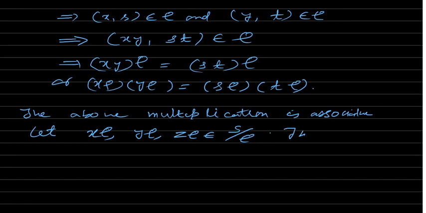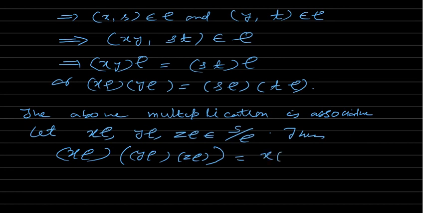Then let's find the product xρ times (yρ zρ). This is equal to xρ times (yz)ρ, and that is again equal to (x(yz))ρ.